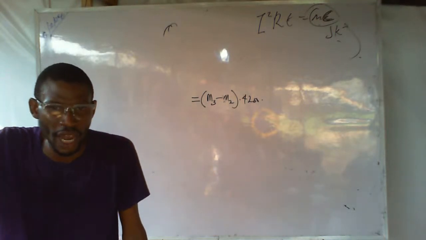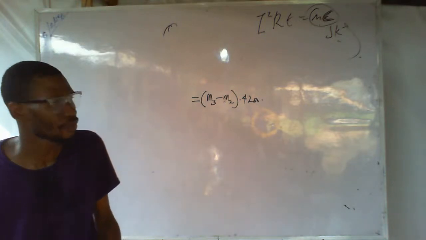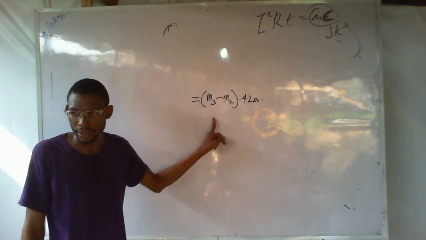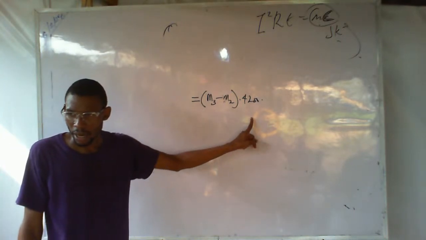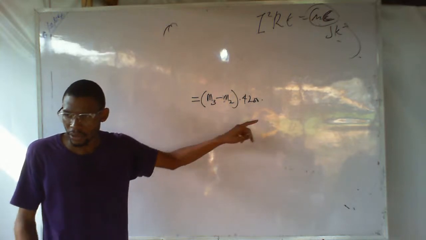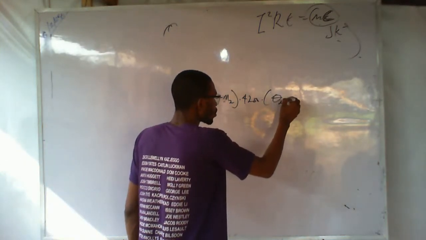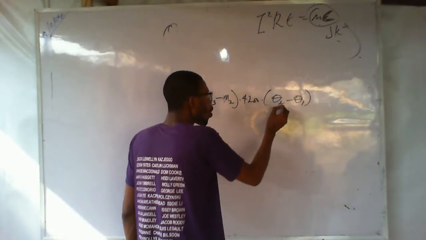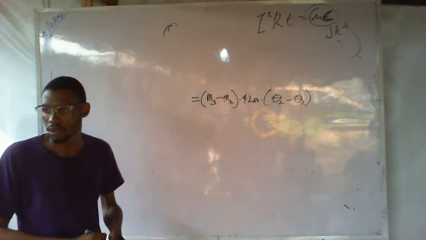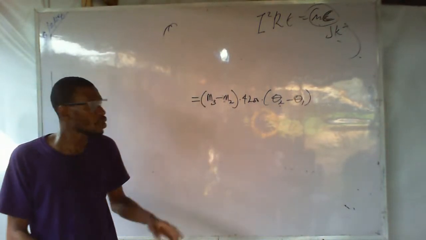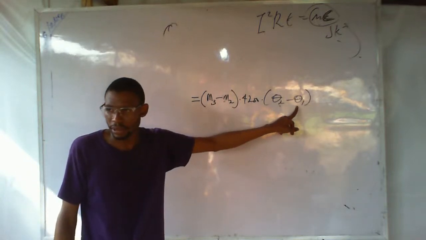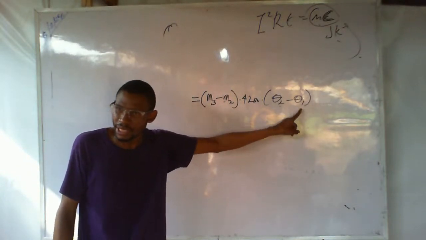Then the second expression I gave is what? M3 minus M2 times 1200, then theta what? What's your theta 2? What's your theta 1? Initial temperature of what?